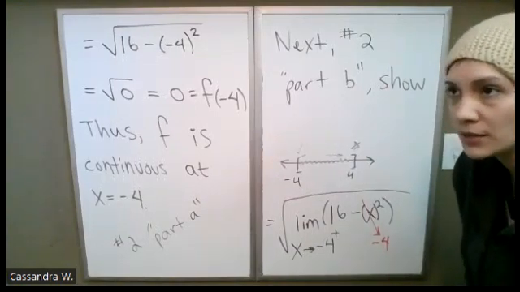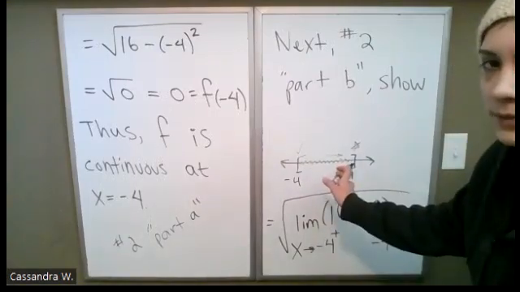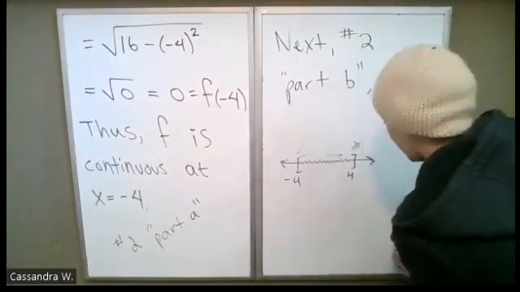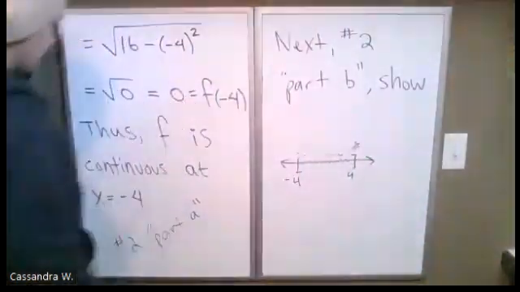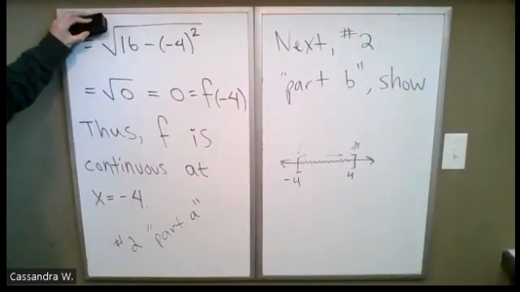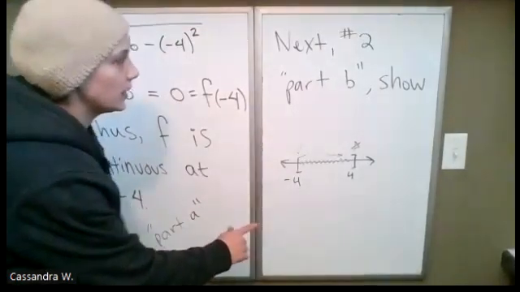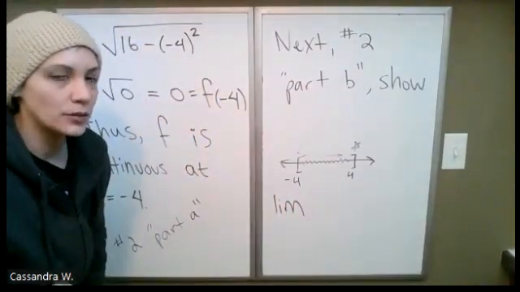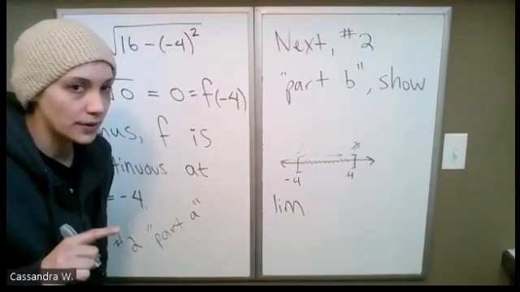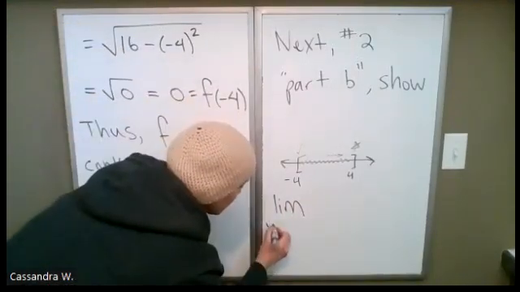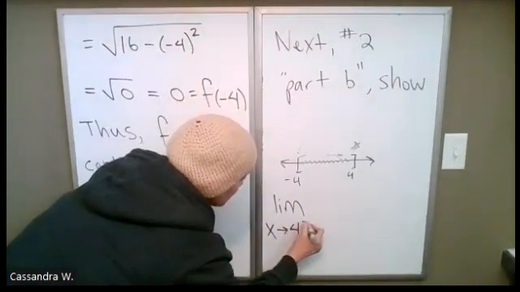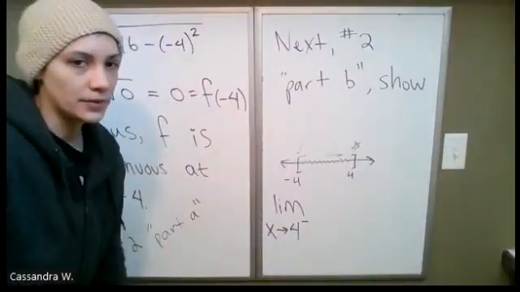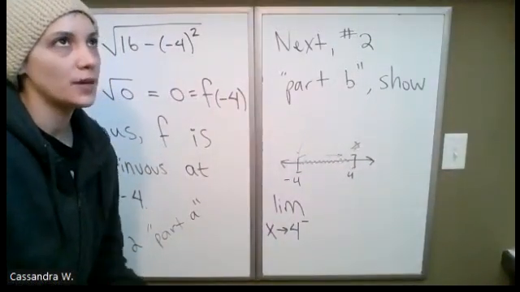We're trying to approach +4 from the left. I'm trying to get the limit as x goes to 4 from the left of f of x equal to f of 4.